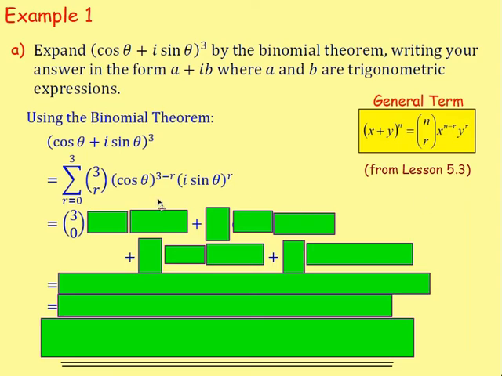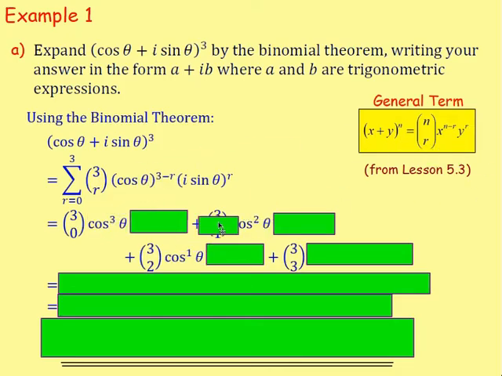So let's write that. The binomial coefficients, we've got 3C0, 3C1, 3C2, and 3C3. The x part, the bit that's first, is cos theta, so we're going to have our cos theta going from the power of 3 on to 2, on to 1, all the way down to 0.